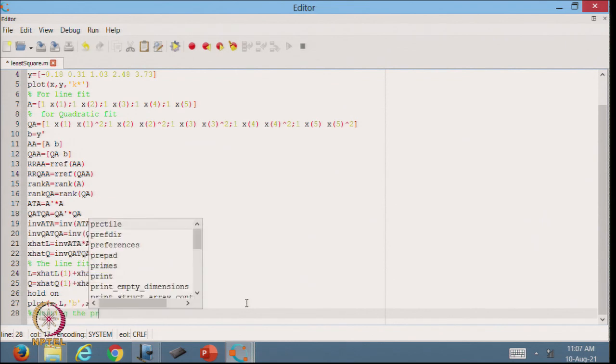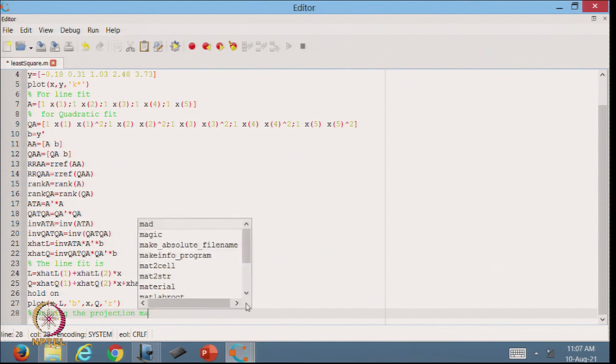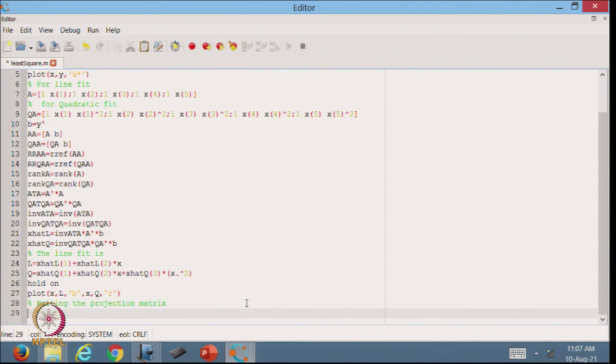Writing the projection matrix here. So I can define my P is equal to, so I am writing the projection matrix first for line L, because it depends upon the matrix. So projection matrix for the line.